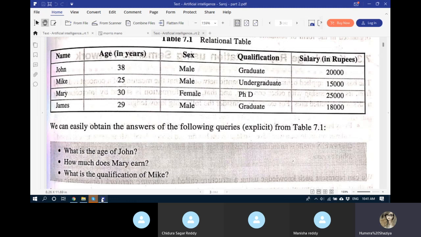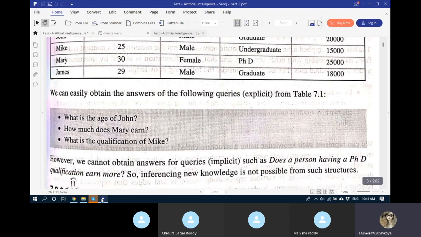If you want to know the qualification of Mike, you can say select qualification from table name where name is equal to Mike. All this is very easy and possible in a relational database.